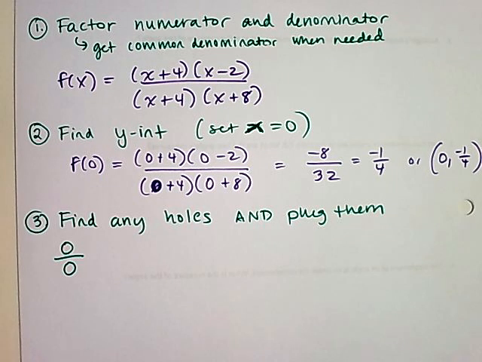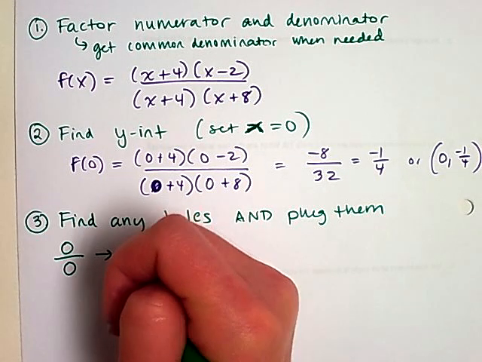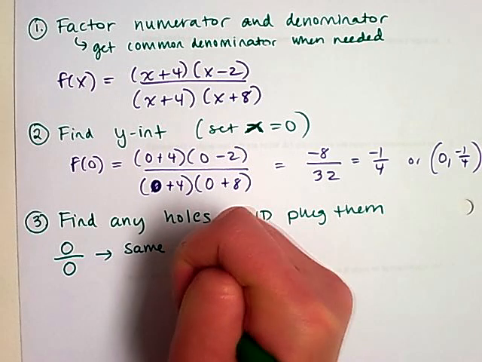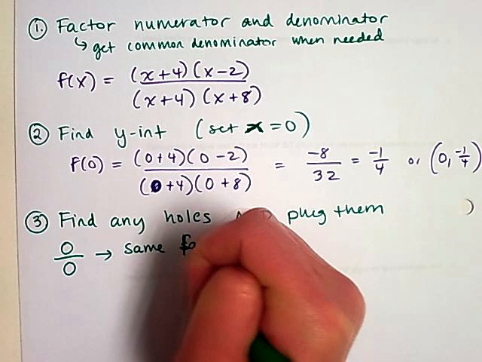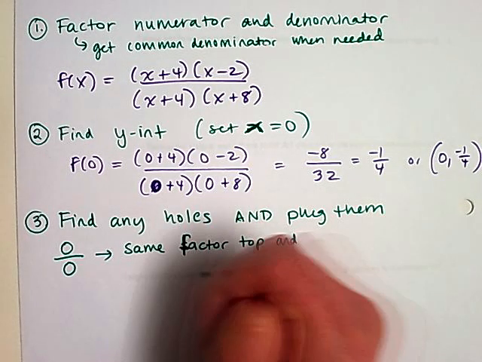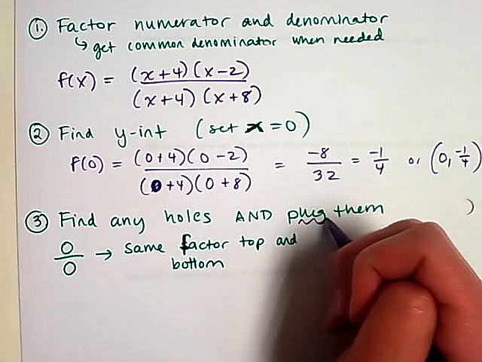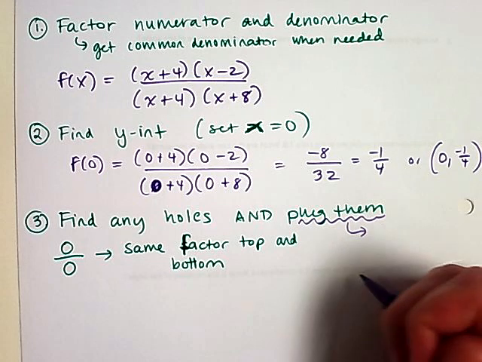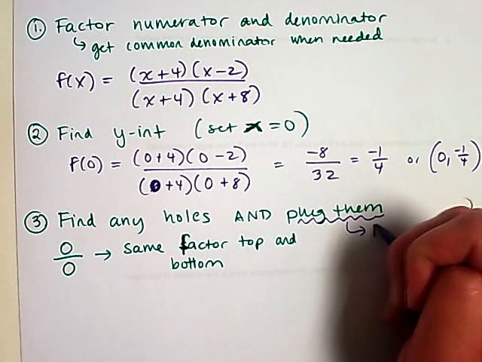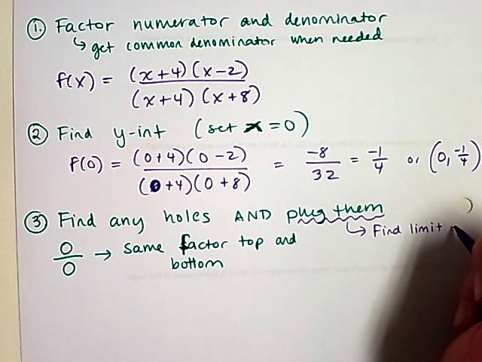So we're trying to figure out what x value will make both the numerator and the denominator equal to 0. The key is that it would be the same factor on the top and bottom. One other note about plugging the hole: this is essentially finding the limit at that x value, because that's how we know the intended height of the function.